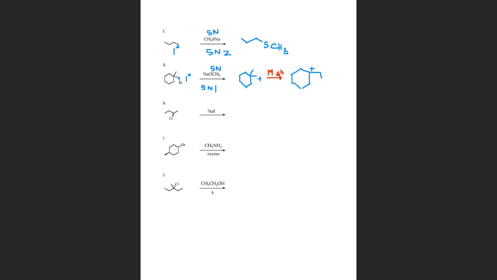Now, because it's a strong base, and you form this carbocation, you could do an E1 reaction. So technically, we would have to form the most stable double bonded situation.